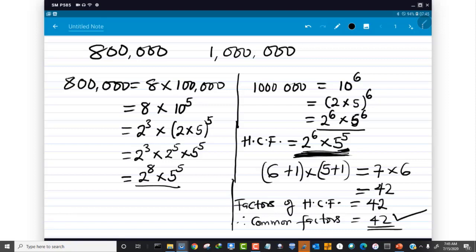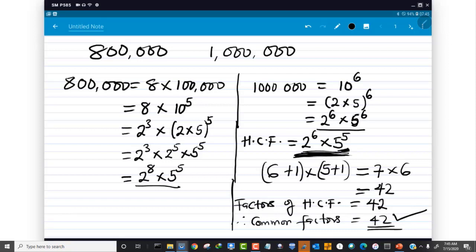Okay, so that is how we can find the number of common factors of two or more integers. Just get their HCF, and once you get the HCF, express it in prime factorization, then use the first application, that is add 1 to the powers and multiply.